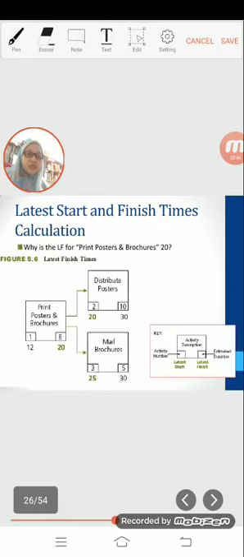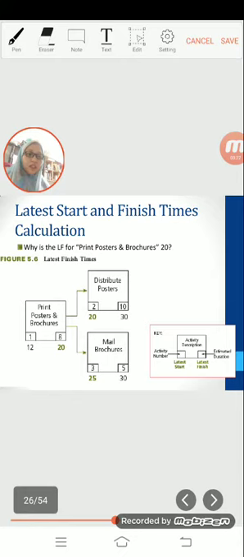This figure shows two activities that emerge directly from an activity labeled print poster and brochure, because it has an estimated duration of 10 days, and mail brochure. Mail brochure must be started by day 25 because it has an estimated duration of 5 days.